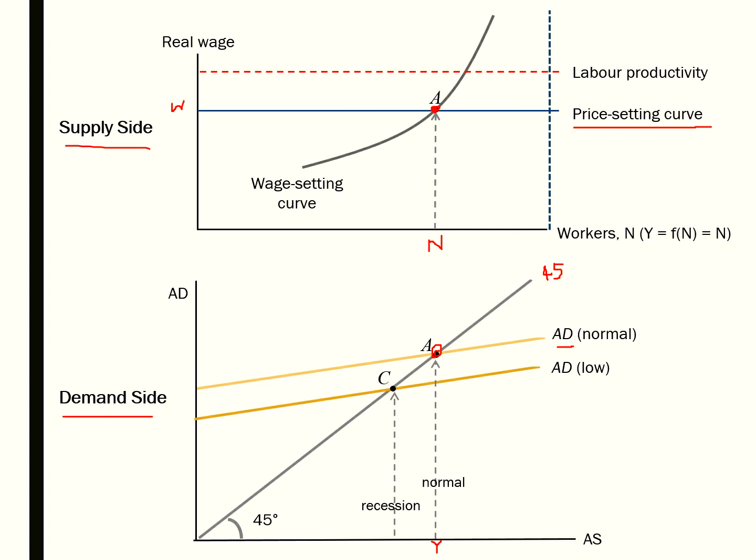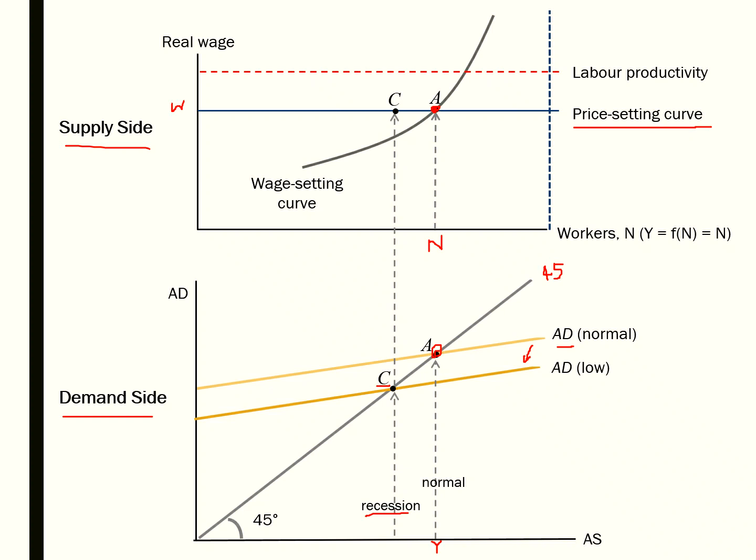AD decreases. If the output market has decreased, then the new equilibrium will go to C after this multiplier process. Okay, this is what we call a recession, because we are in the low point of the business cycle.